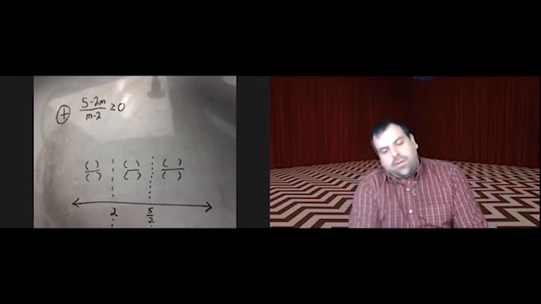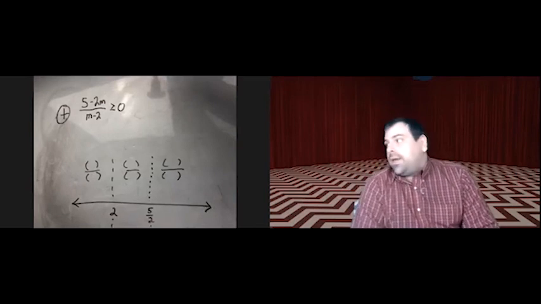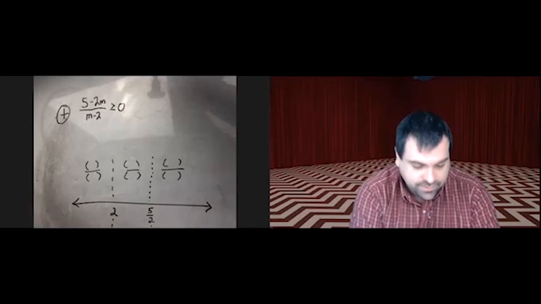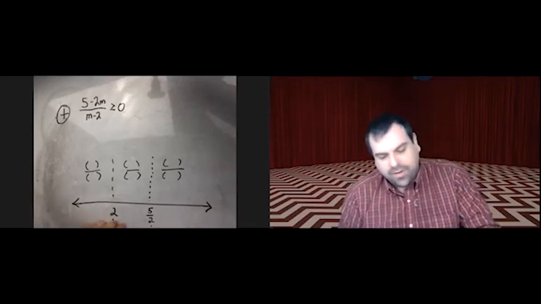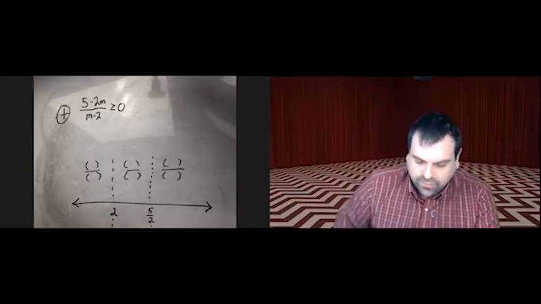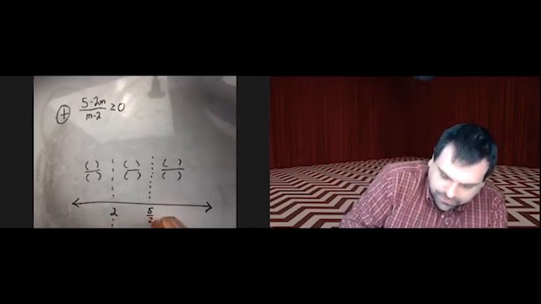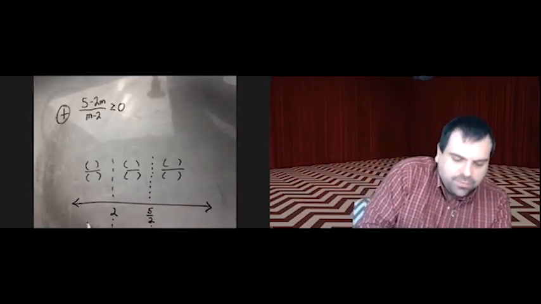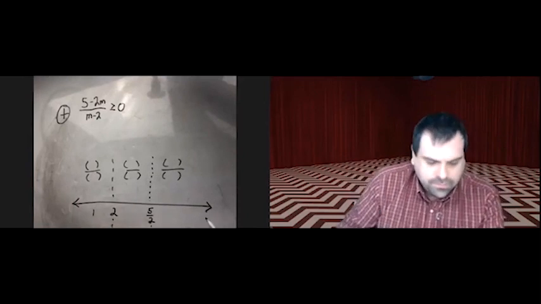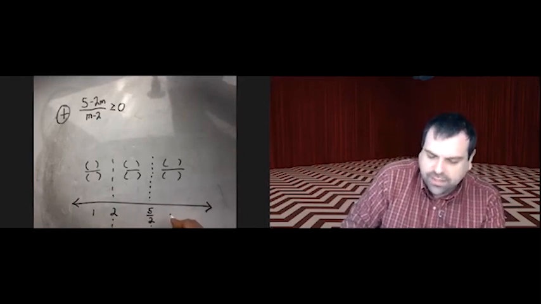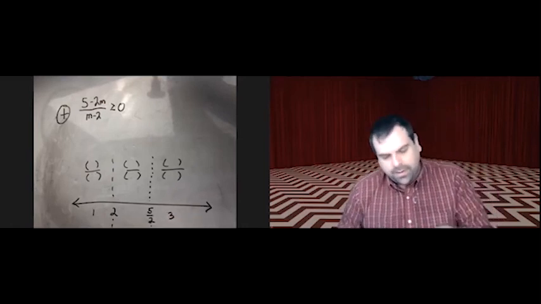Now, this is the point where we pick our representatives. Where representative numbers from each section would volunteer for tribute. And we can pick something to the left of 2, no problem. We can pick 1. We can pick something to the right of 5 halves, like 3, no problem.